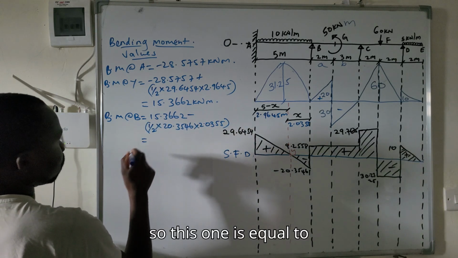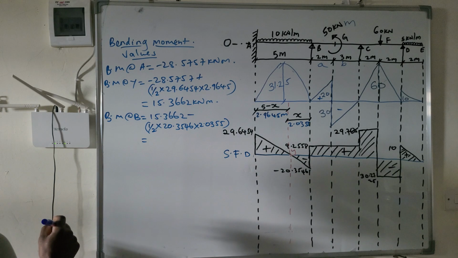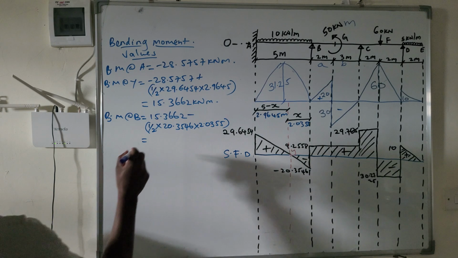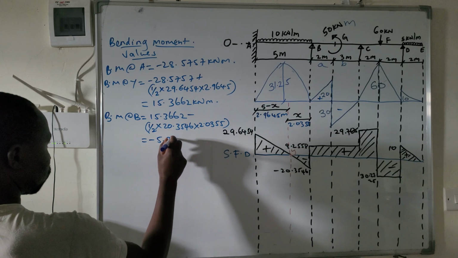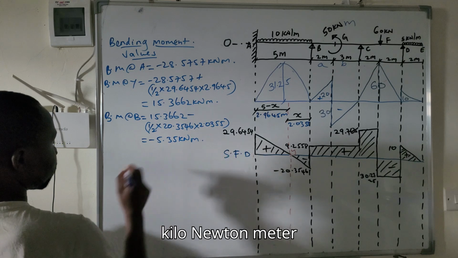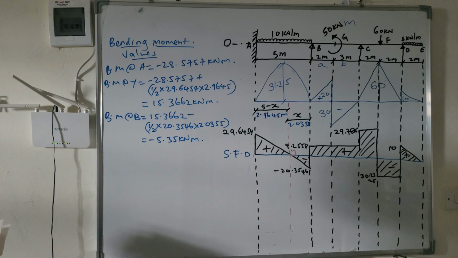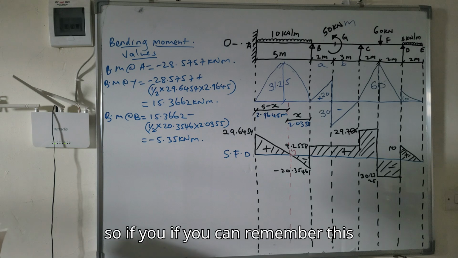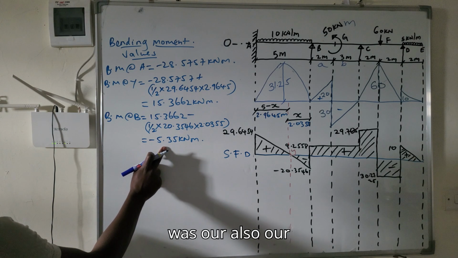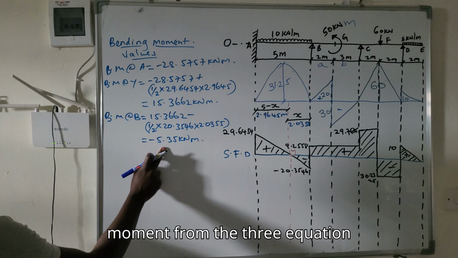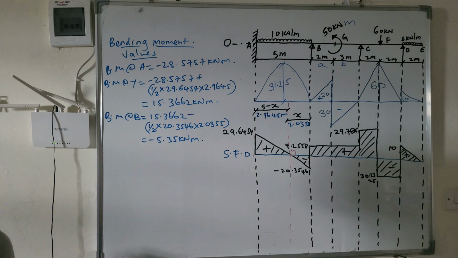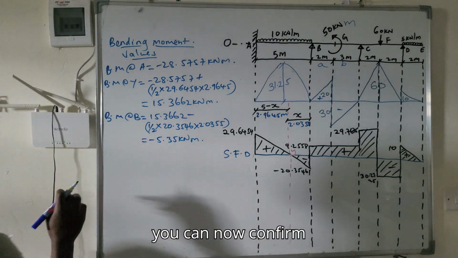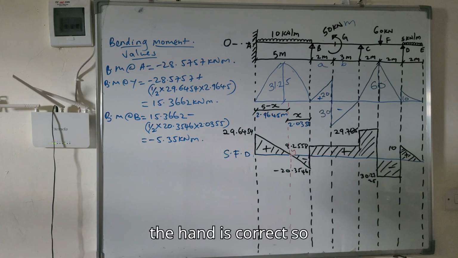So this one is equal to minus 5.35 kilonewton meter. If you can remember, this was also our moment from the three equation moment at B. So we got 5.35 kilonewton. So you can now confirm the answer is correct.